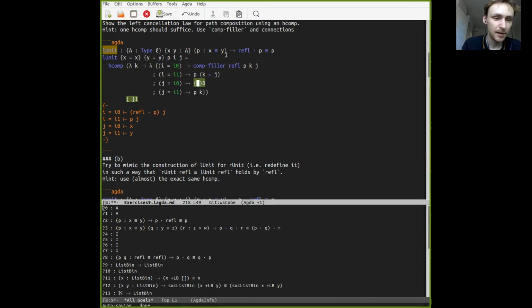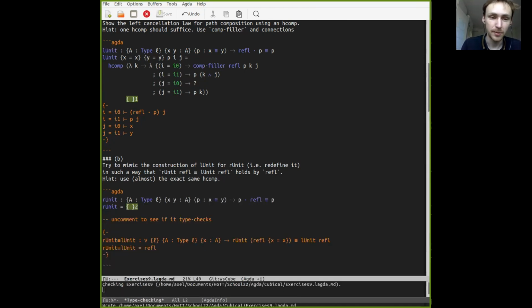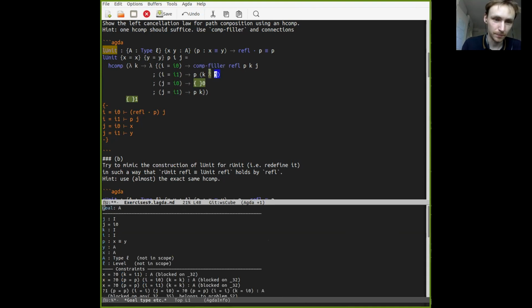And here we need something that restricts to x when K is equal to I1. Well, let's just try with x. Oh wow, it worked. So why does this work? Whatever term we plug in here, when J is equal to 0, it has to be this term.